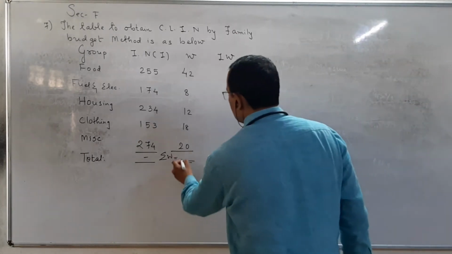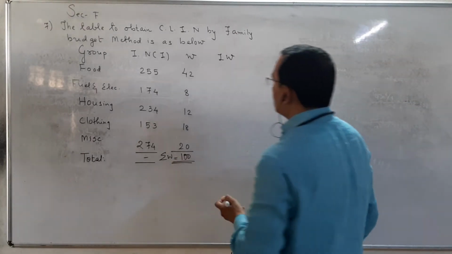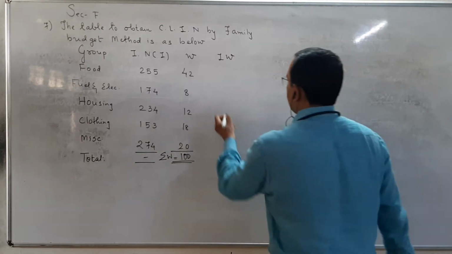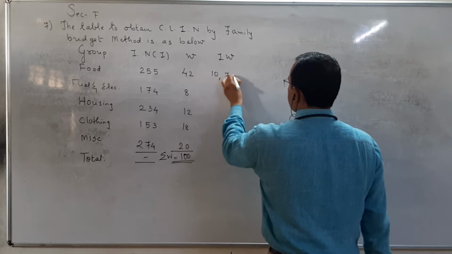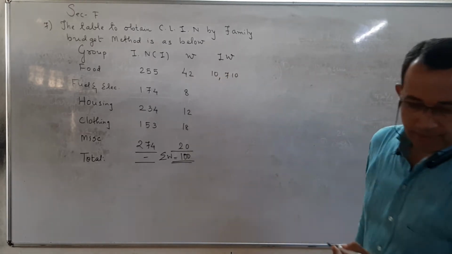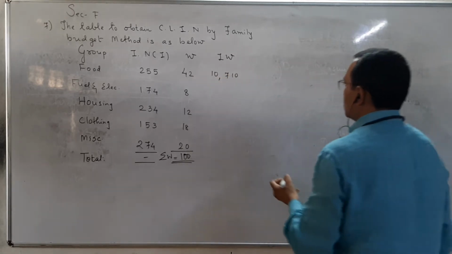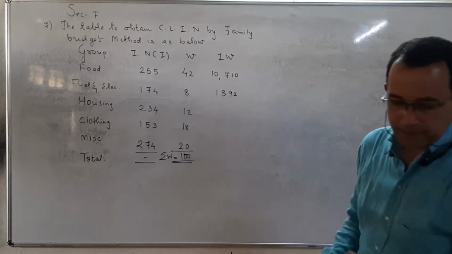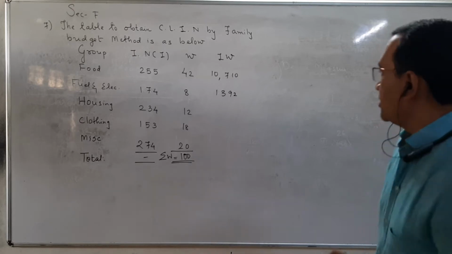Now IW: 255 into 42, 10,710. Then 174 into 8, 1392. Then 2808.